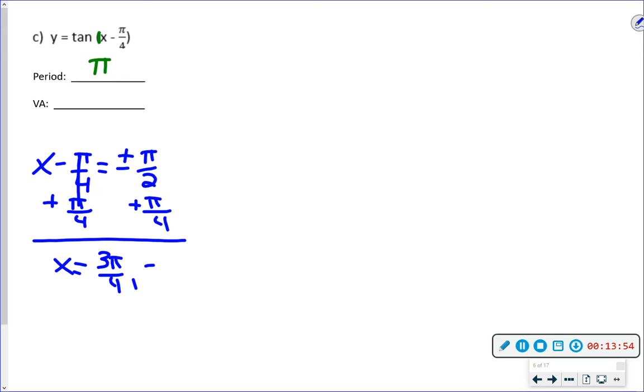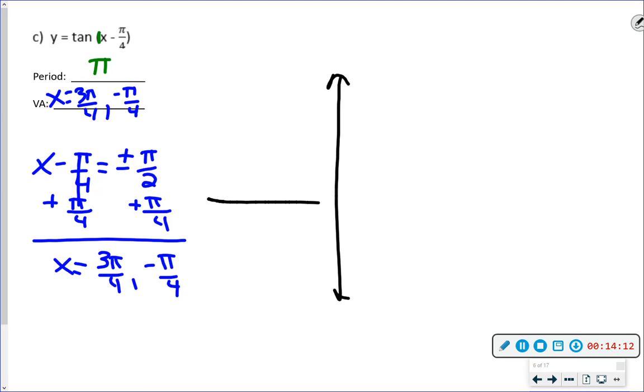You can use your calculator if you really had to. Okay, so that's going to adjust for the phase shift. We don't have to do anything else but draw. Okay, so negative 1/4. Got it.